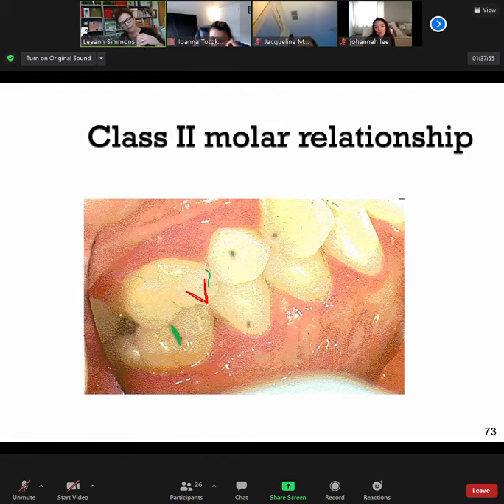Because that tip's kind of leaning right into that crevice, like the cork in the bottle kind of thing. But that is a disto-occlusion because the mandibular molar is distal to its normal position. And I say that over and over again so that you guys think that way. It's easier to look and say the maxillary tooth is mesial too, but it's not that way. It's a disto-occlusion. The mandible is distal too.